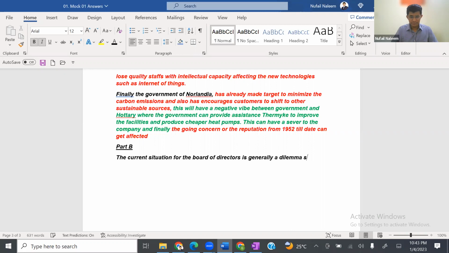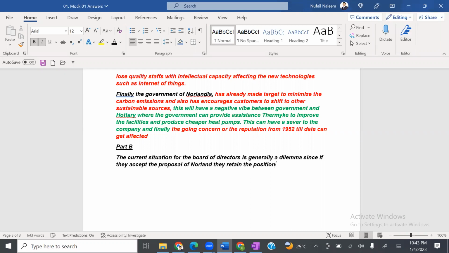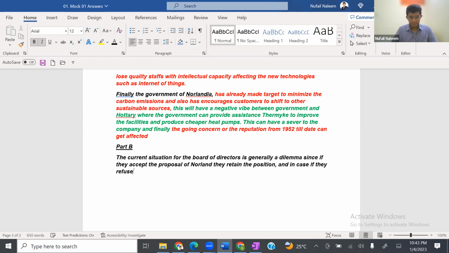since if they accept the proposal of Nolan, they retain the what, students? The positions. And in case they refuse, they may what, students?